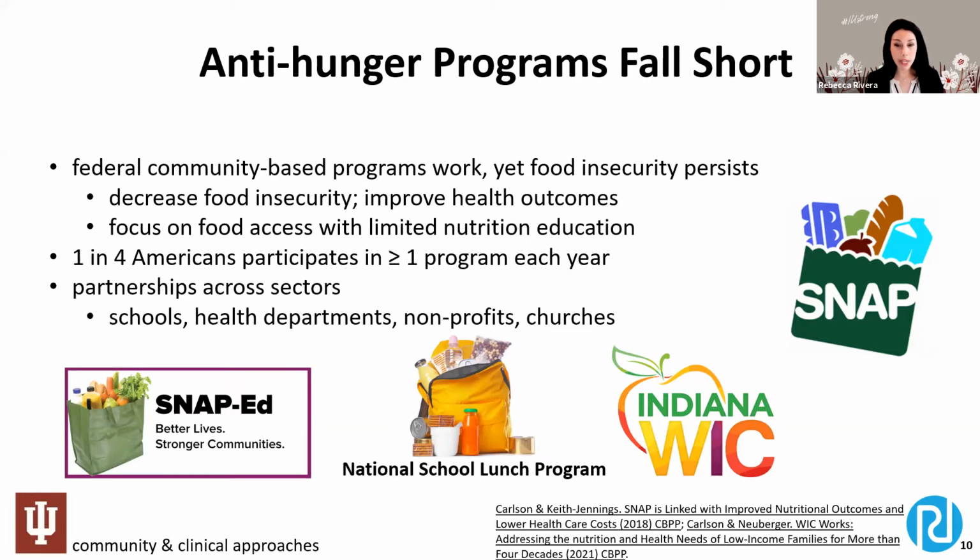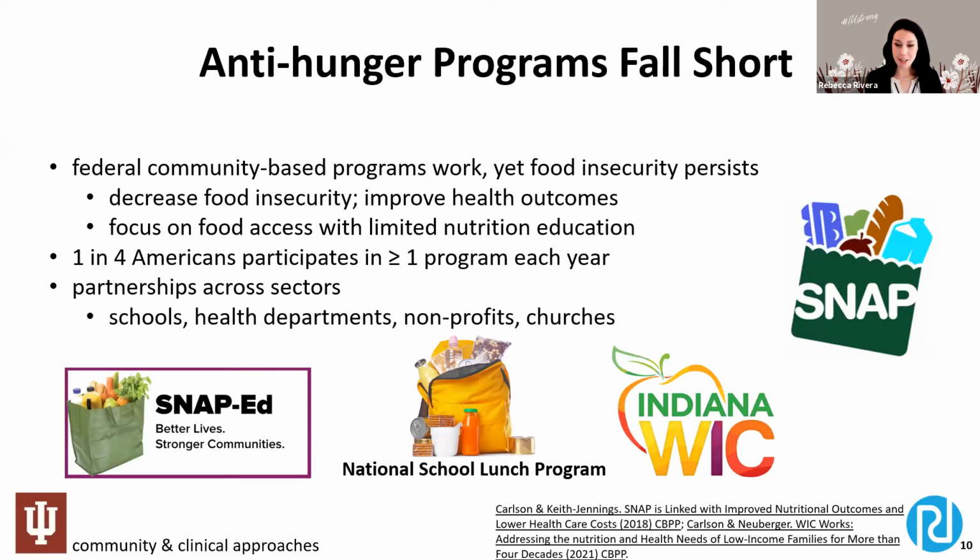One in 4 Americans actually participates in at least one federally supported program a year. Some of those are represented here with their emblems. So SNAP is the Supplemental Nutrition Assistance Program. It used to be known as the food stamp program. So that provides financial benefits for people to purchase foods.